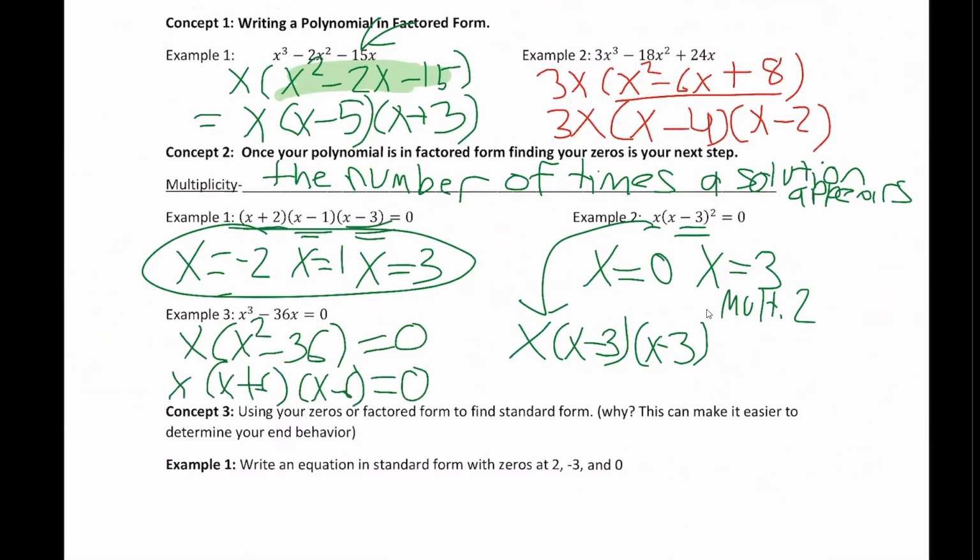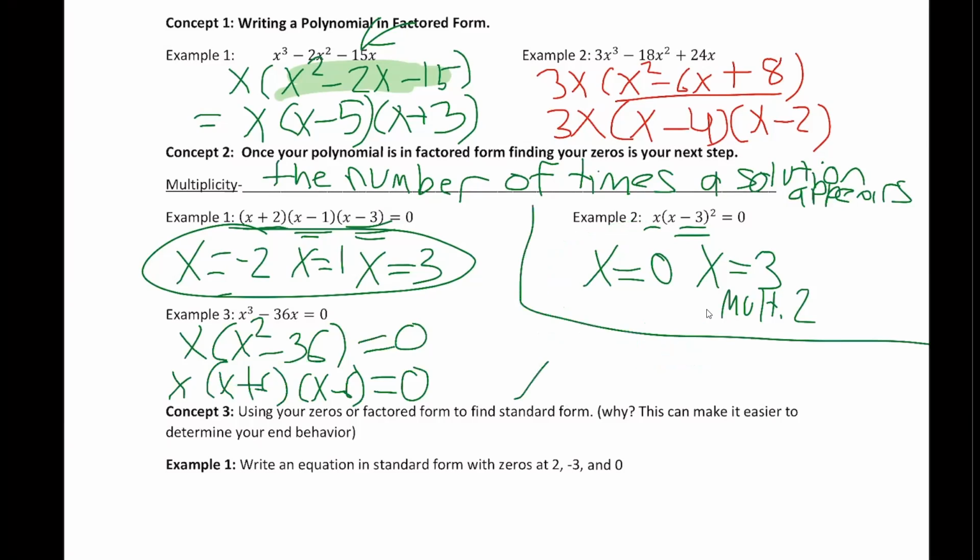I don't have a ton of space, so I'm going to erase that. But that would just be x equals 0, x equals -6, x equals 6, and those are all multiplicity of 1, so I'm not going to write those down.